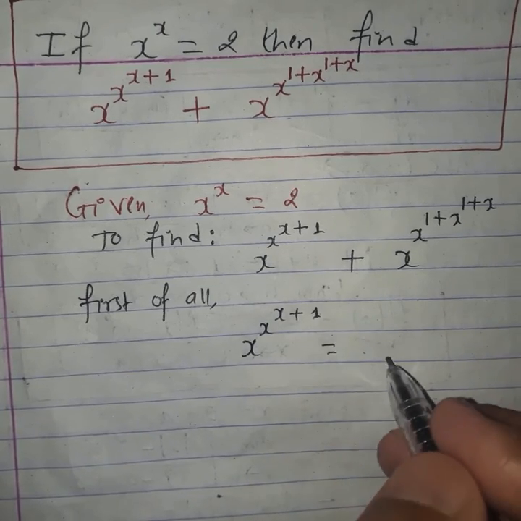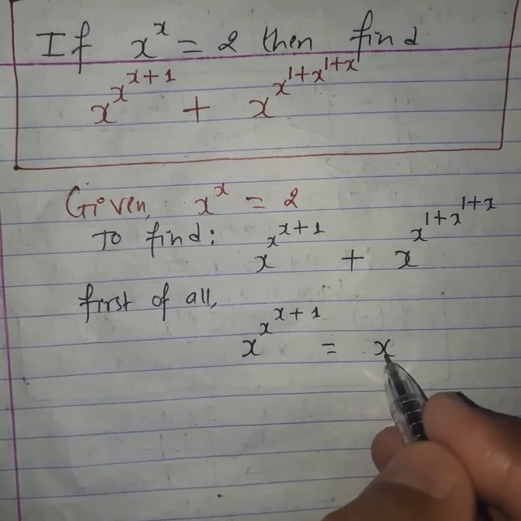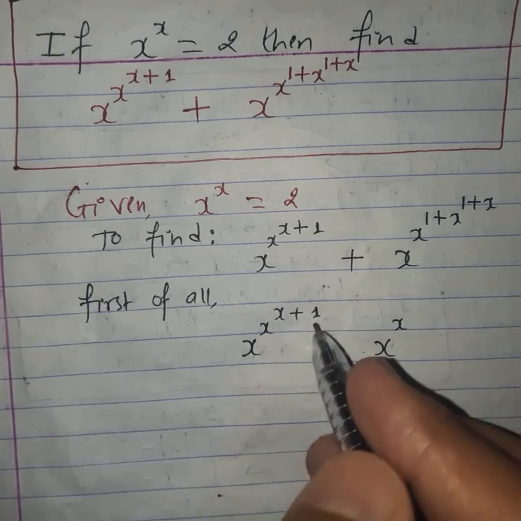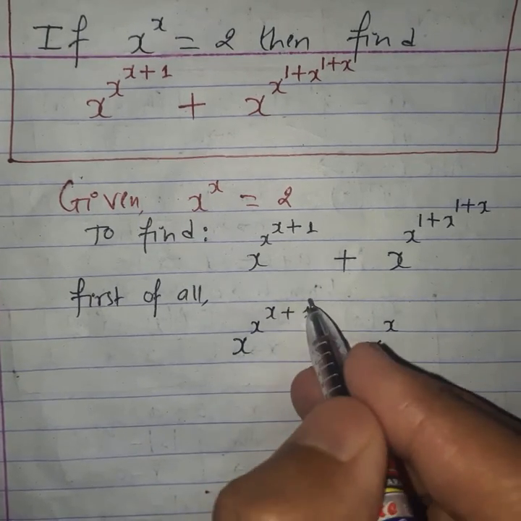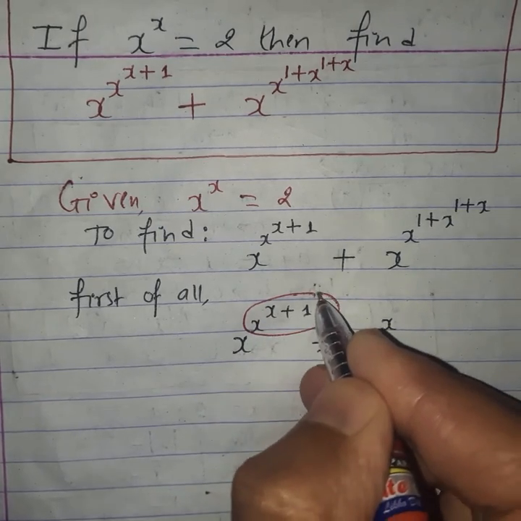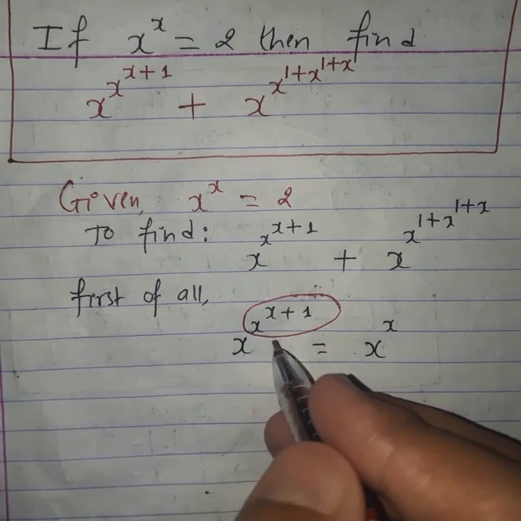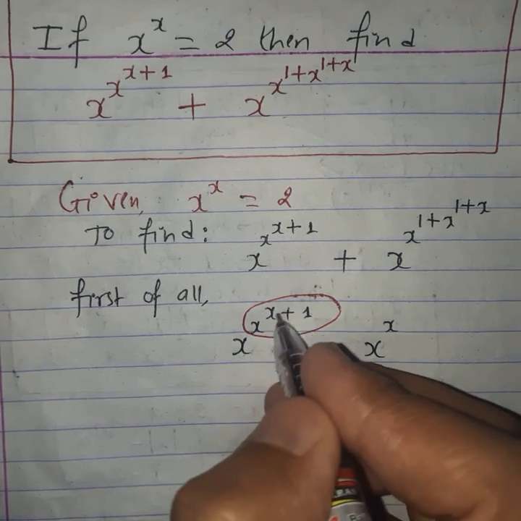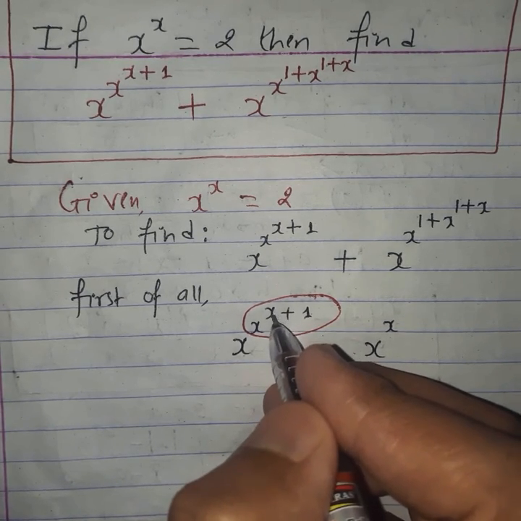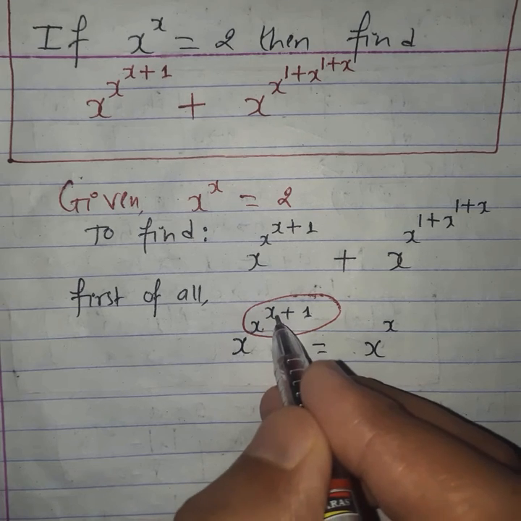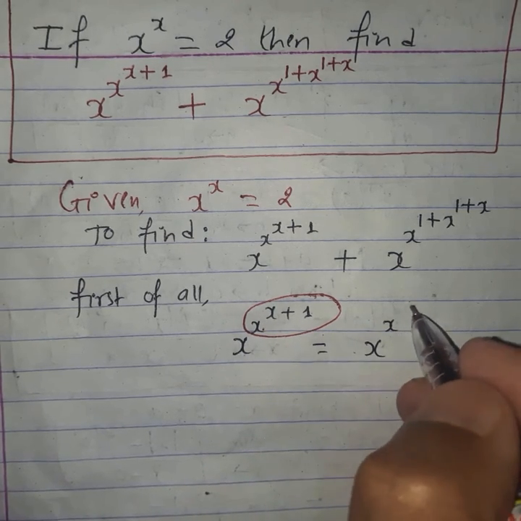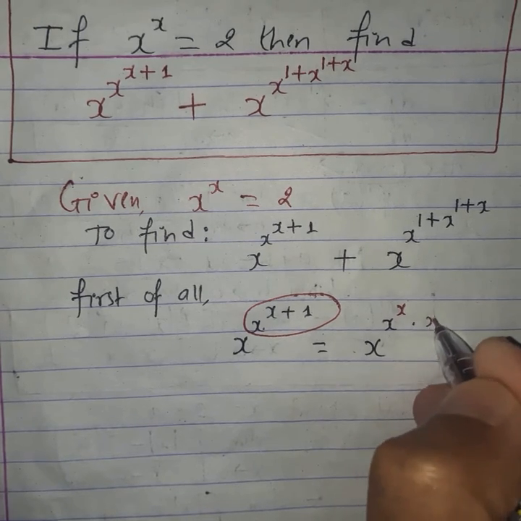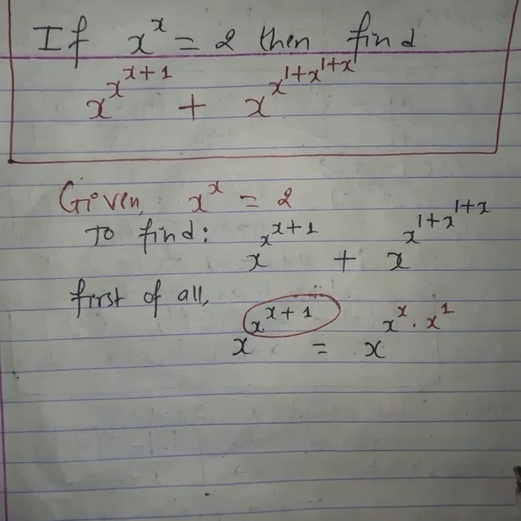The base is x, and in this power we can split the combined power. The combined power is x plus 1, so we can split the power: one power is x, the other power is 1.